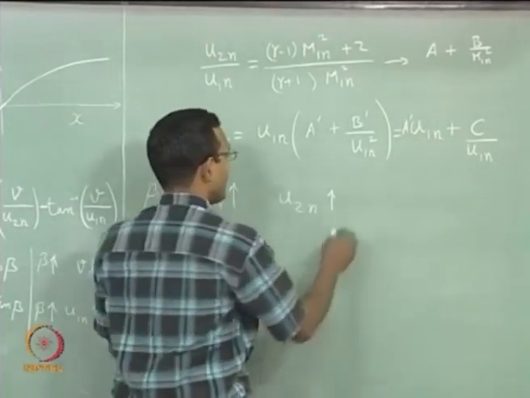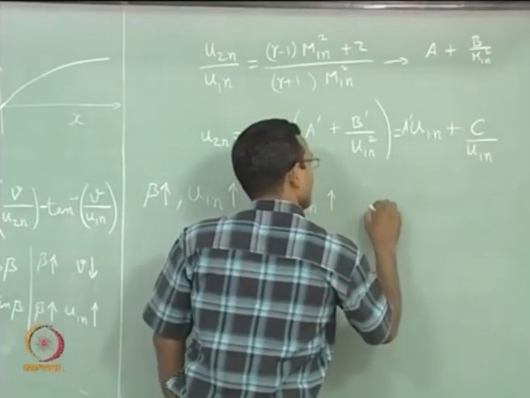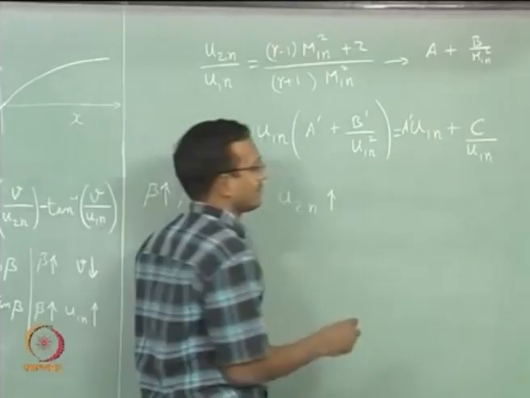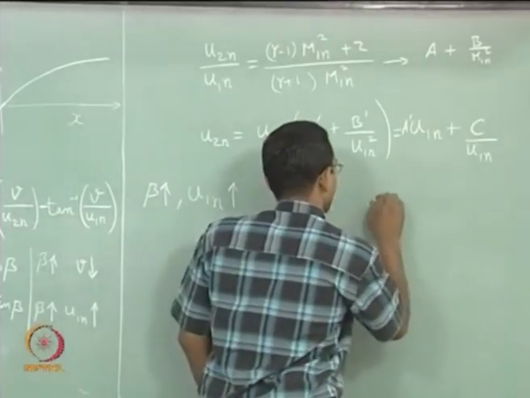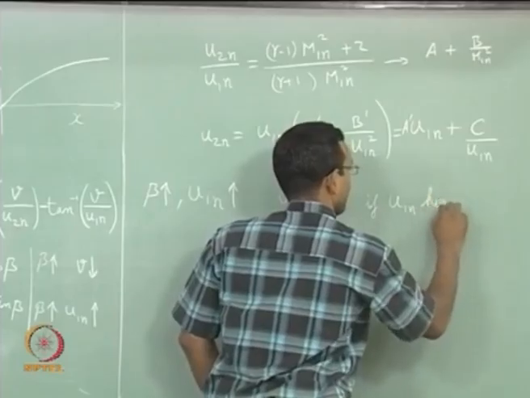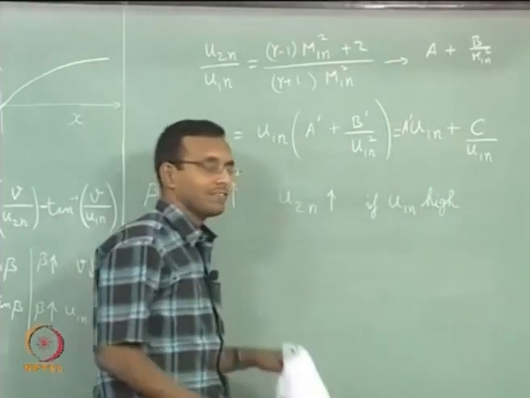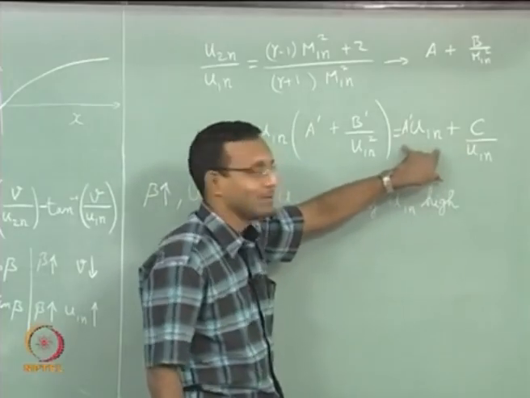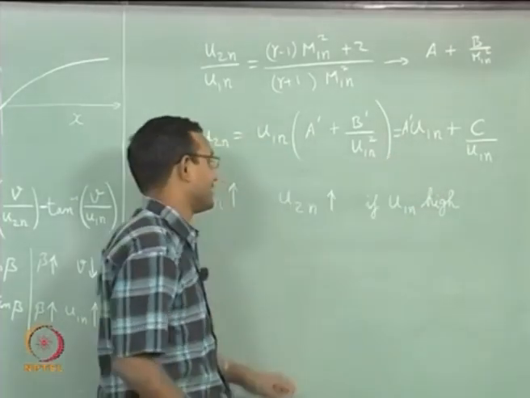If the linear term is dominant, or if u1 normal is high, if this is very high, then 1 by u1 normal will be very small, then this term will become dominant. That is the easy way to look at it.